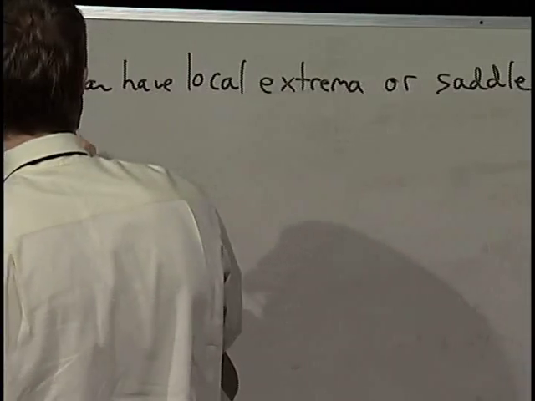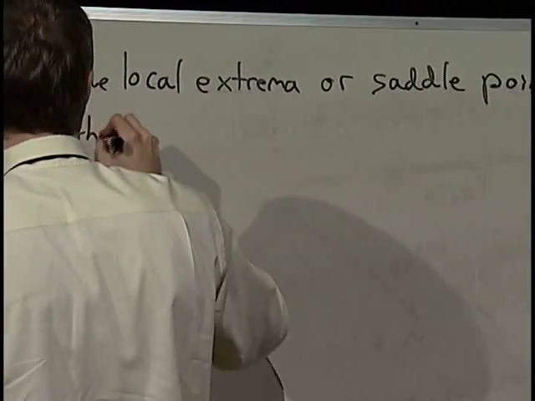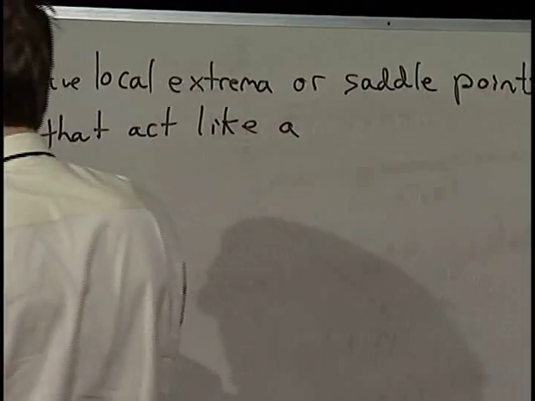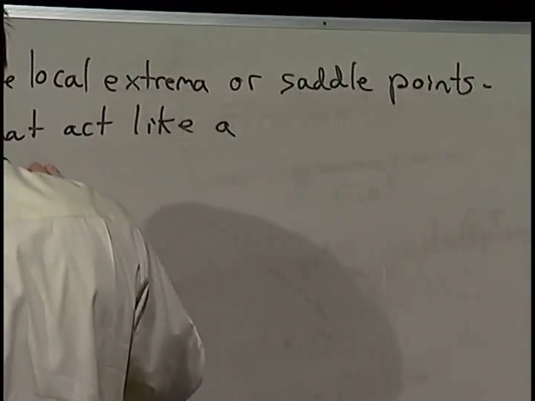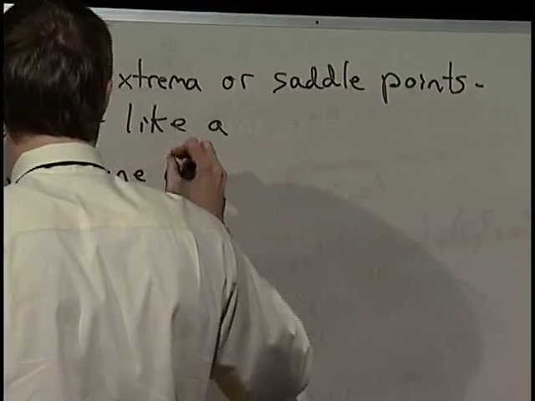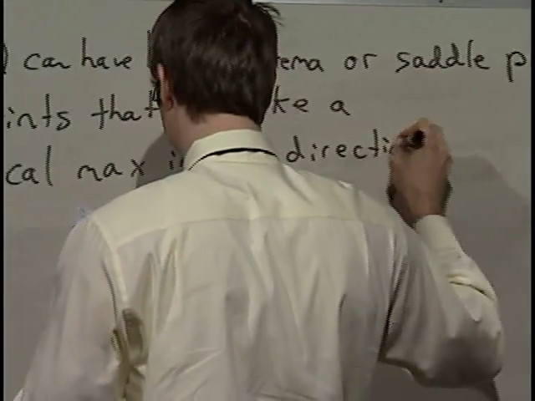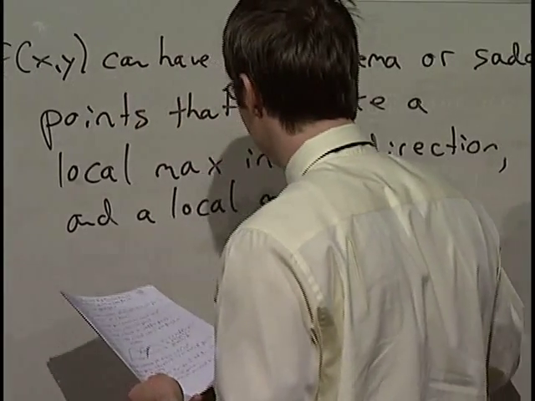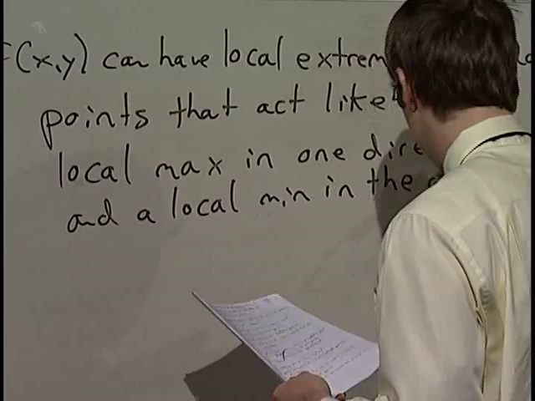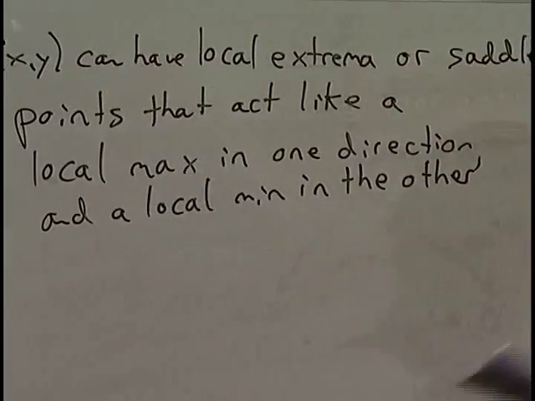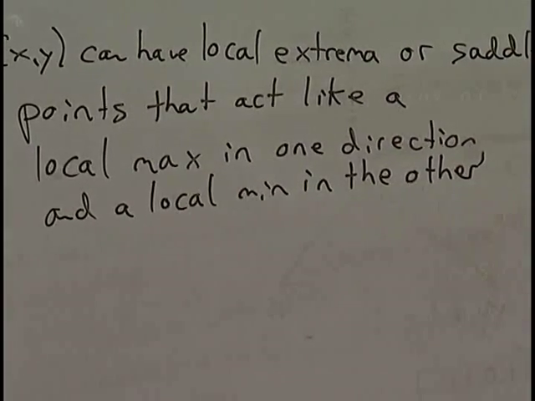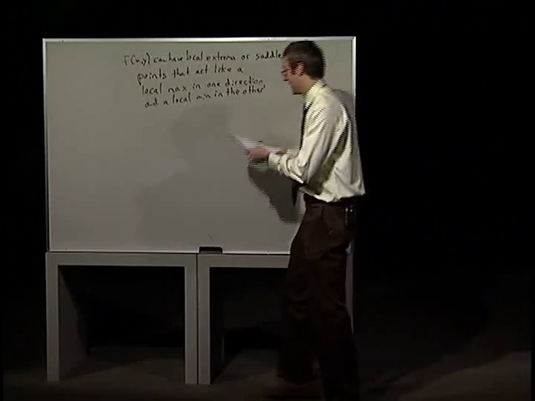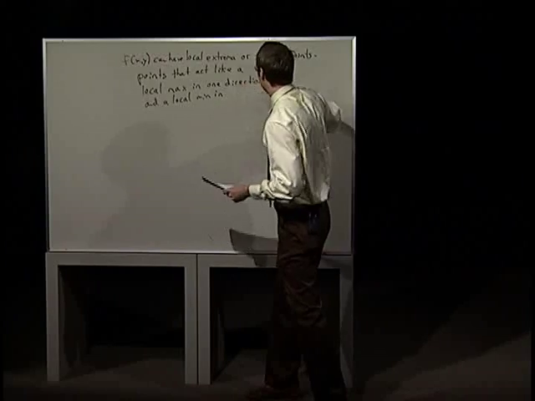So these are points that act like a local max in one direction and a local min in another, right? So saddle points are points that act like a local max going in one direction and a local min, I should say, in another, not in the other. There are lots of other directions out there.